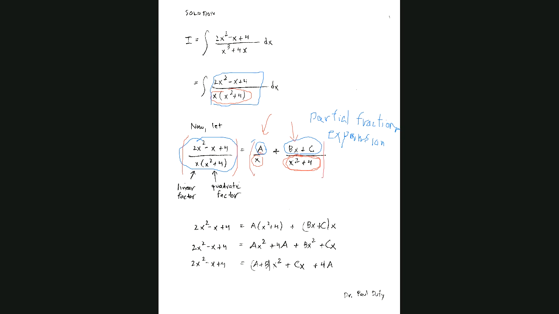The least common denominator is x times x squared plus 4. I'm going to multiply both sides by x times x squared plus 4.